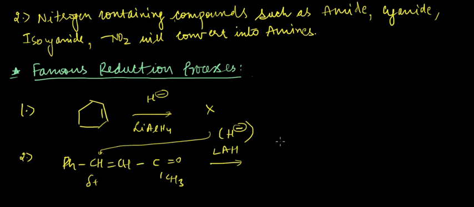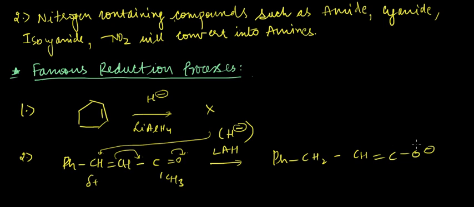Okay, and we'll get something like this, and obviously this bond will be shifting to this one. Okay, and then the bond between C and O would be getting broken up, and the oxygen will take away the bond electrons, and we'll get something like CH and double bond here.